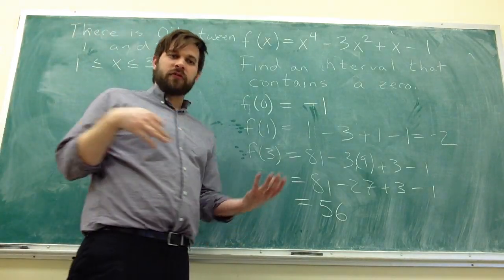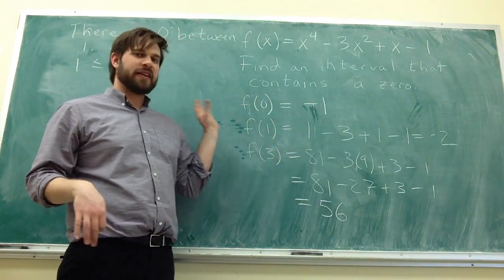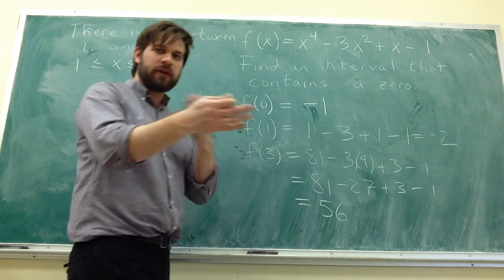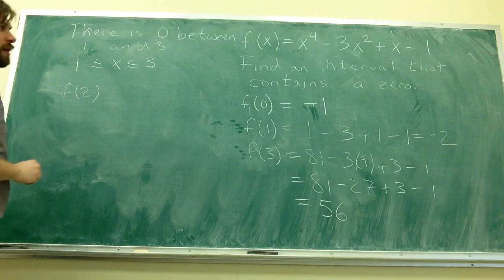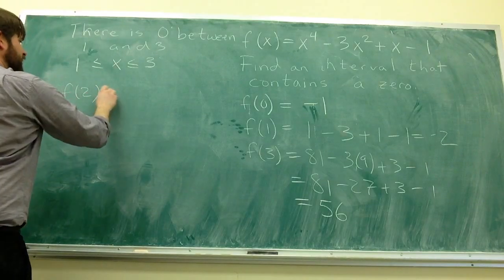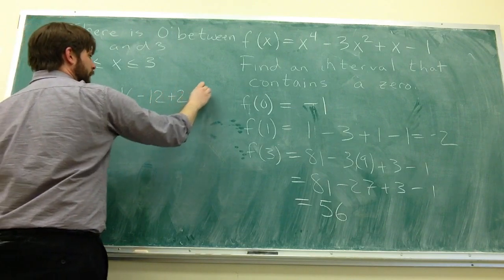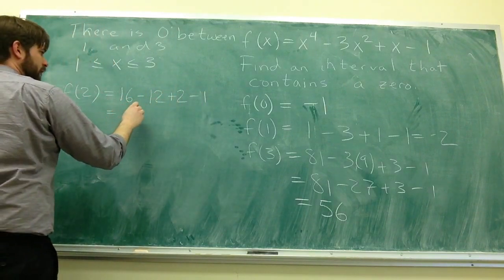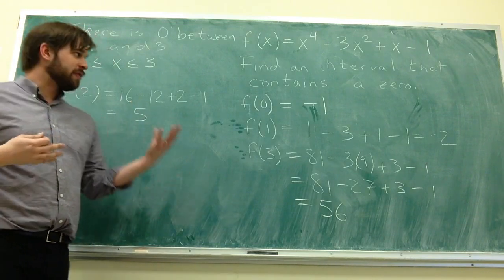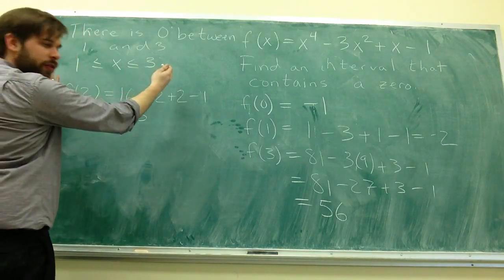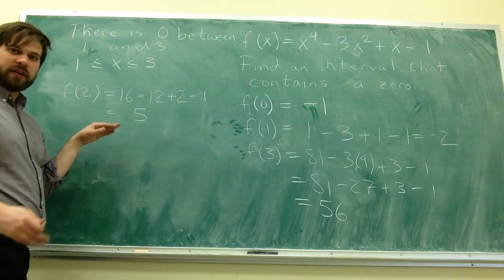And maybe we didn't have enough faith, and I just jumped the gun because I was worried I was going to get another negative number. Maybe we could whittle it down more. Let's see what happens if we plug f of 2 in. So if we plug f of 2 in, we get 16 minus 12 plus 2 minus 1. So we get 4, 6, 5. So this is even better because now instead of looking between 1 and 3, at 1 we're negative, and at 2 we're positive already.